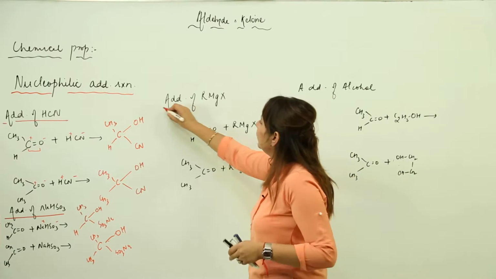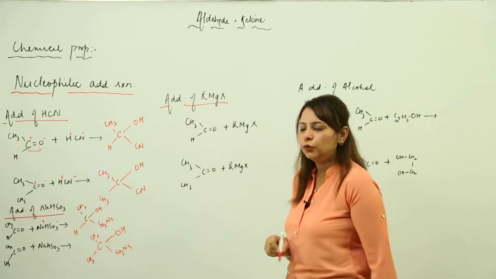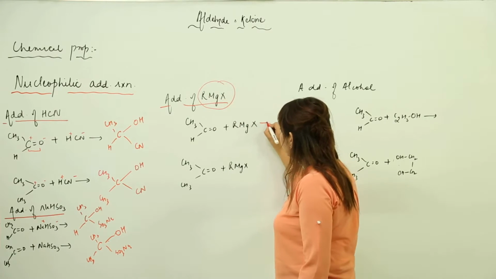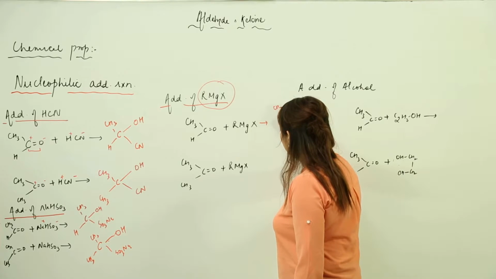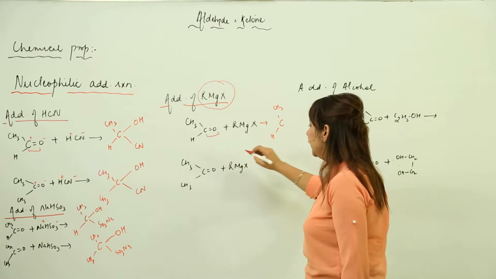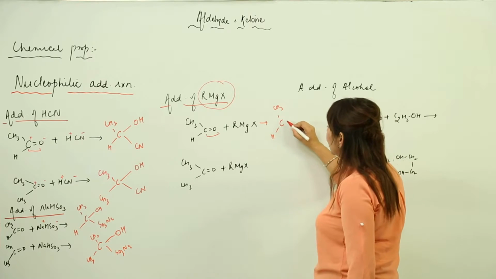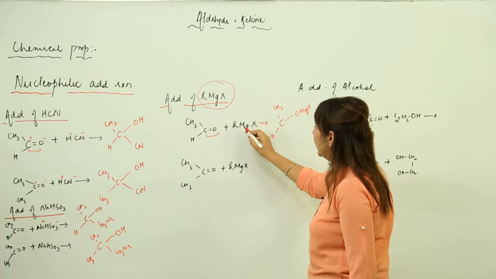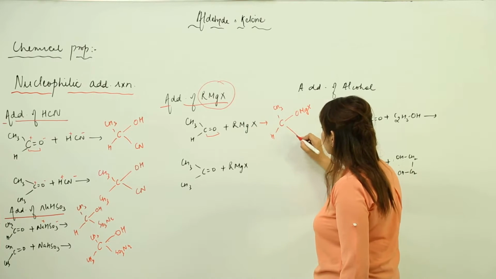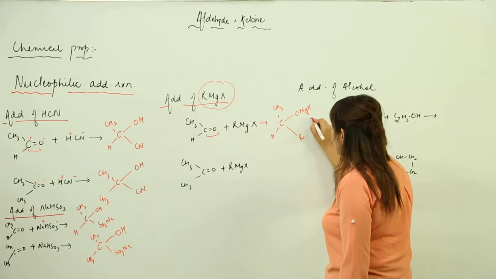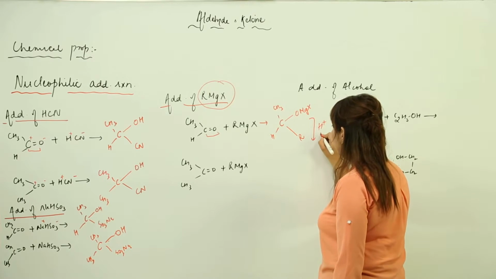Next we are going to add Grignard reagent. We know that Grignard reagent is RMgX. So see how the addition is going to take place. This will remain the same. Here obviously the double bond is present, so addition is going to take place here. It will form OMgX, and here it will be R. But later on you need to add hydrogen ion.